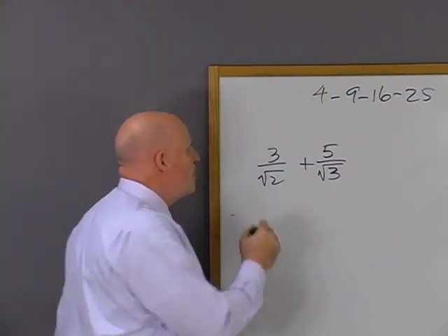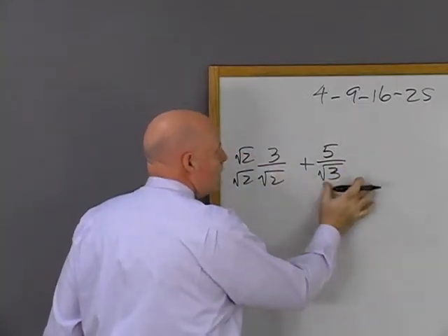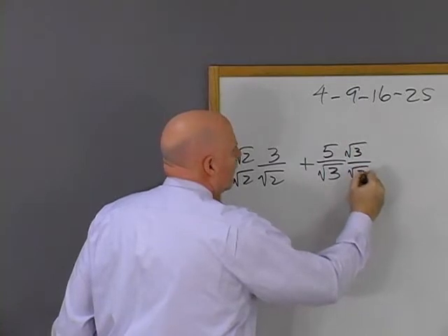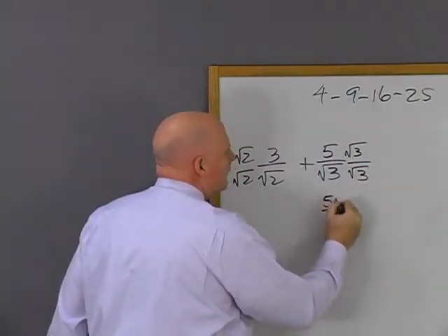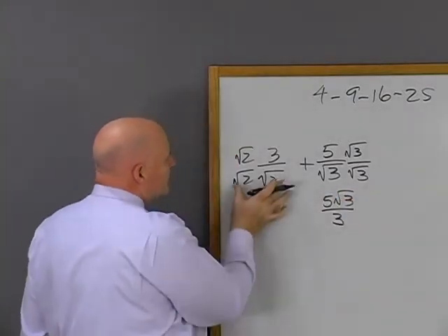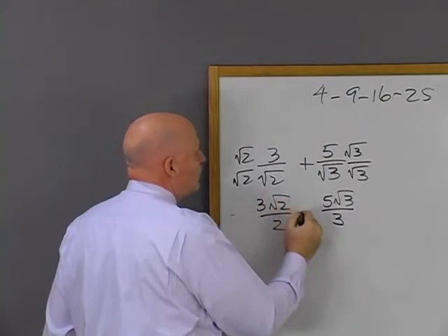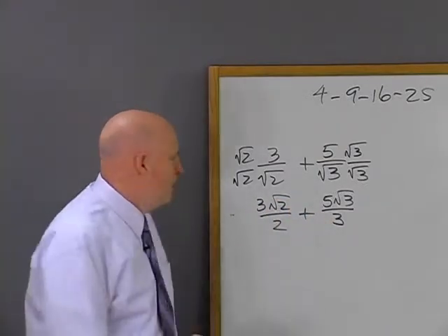Not 2, square root of 2. I'm going to do it out here. And what am I going to multiply by this one? Square root of 3. Okay, this gives us 3 in the denominator and 5 times the square root of 3 in the numerator. This gives us a 2 in the denominator and 3 times the square root of 2 in the numerator. That all clear, okay? It's a little bit tricky.